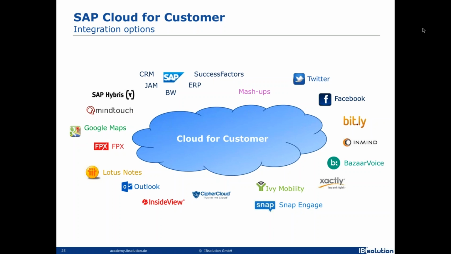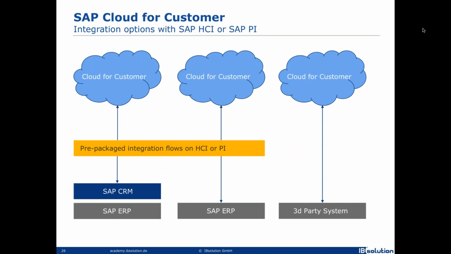There are different types of mashups, which are like embedded containers within Cloud for Customer, where you can include functionality from an external system. Regarding the prepackaged integrations, SAP has developed prepackaged integration flows, which they call iFlows, which you can use in order to easily connect Cloud for Customer to any SAP product.